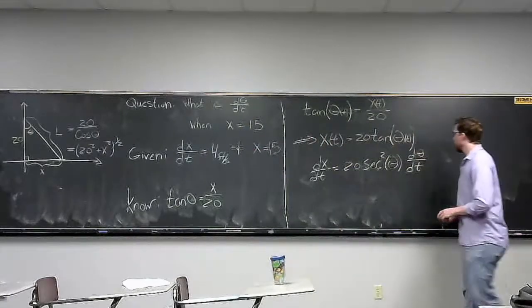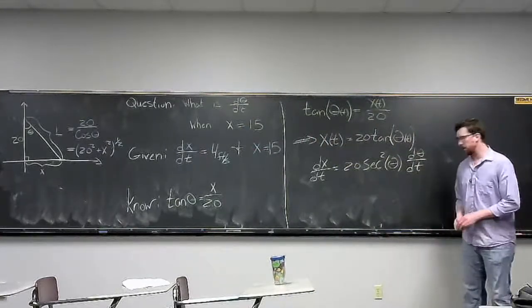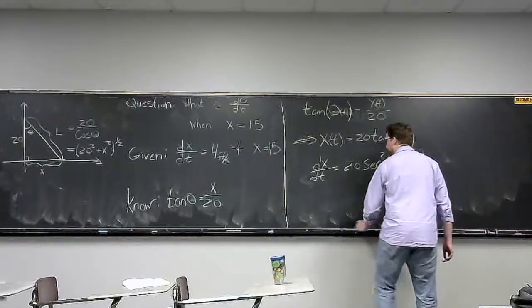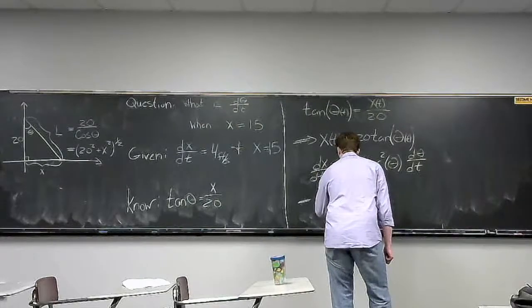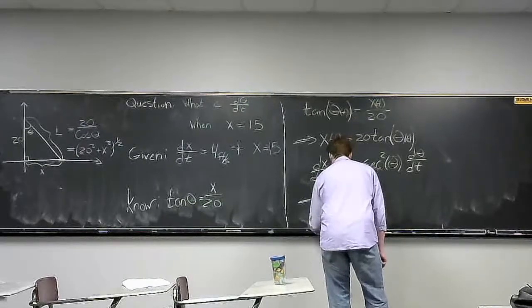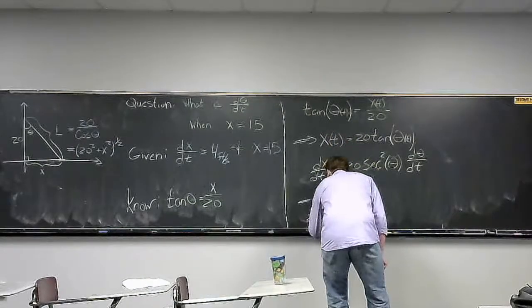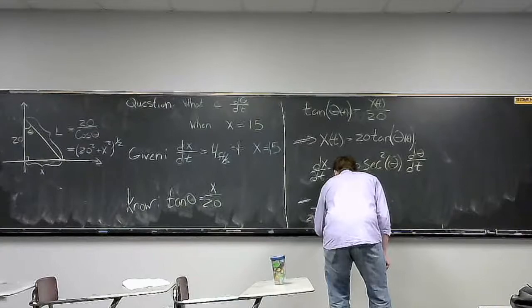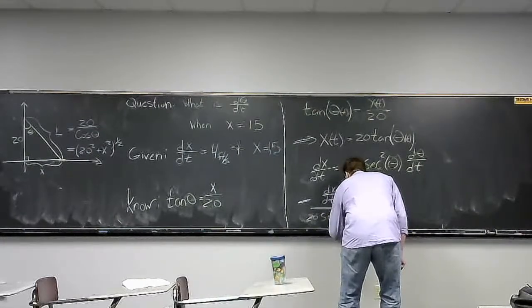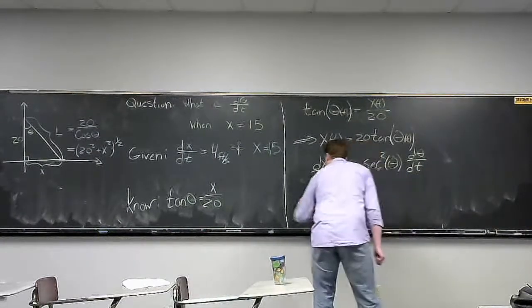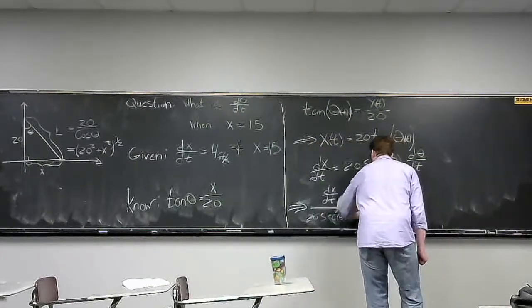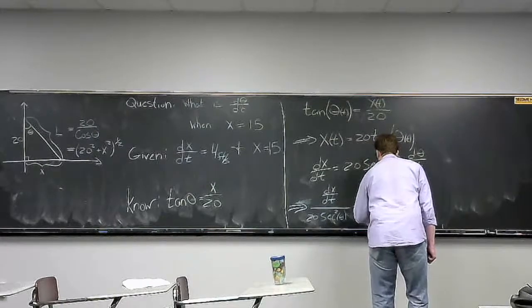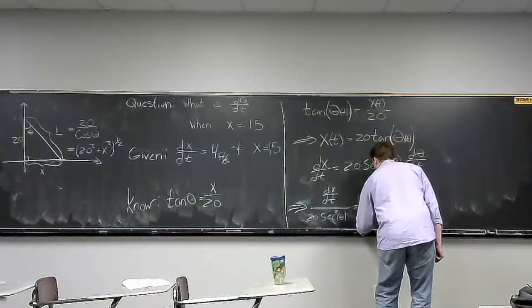Yeah, right? So now, just rearranging all of this tells us that dx dt divided by 20 times secant squared of theta is equal to d theta dt.